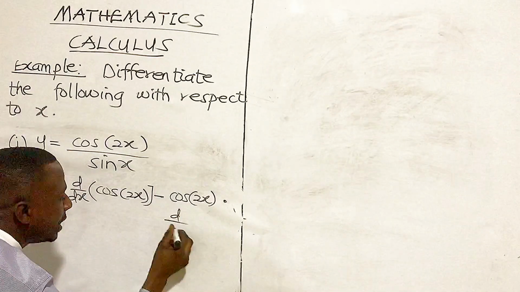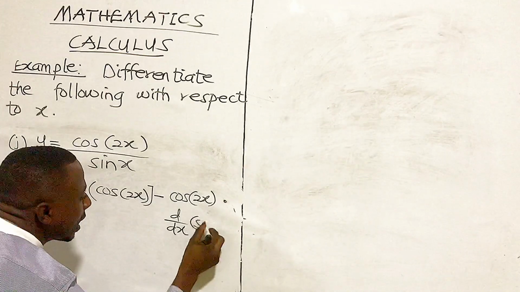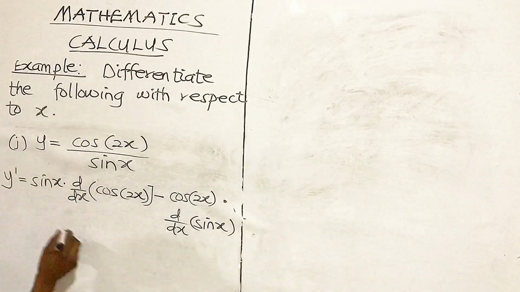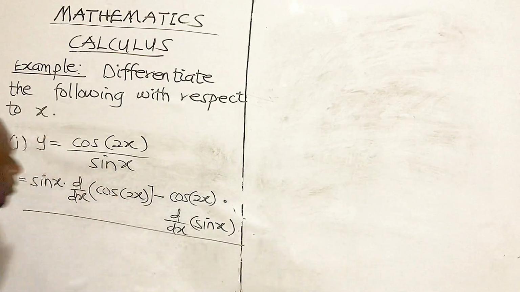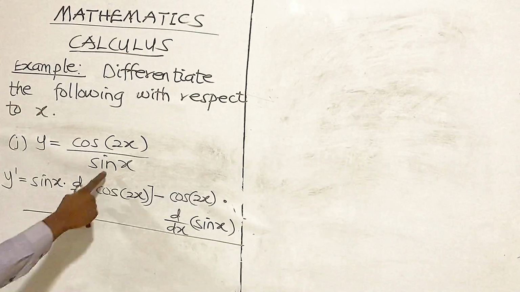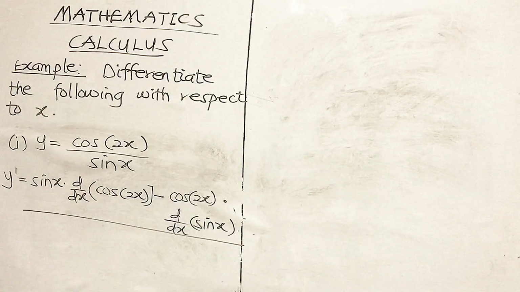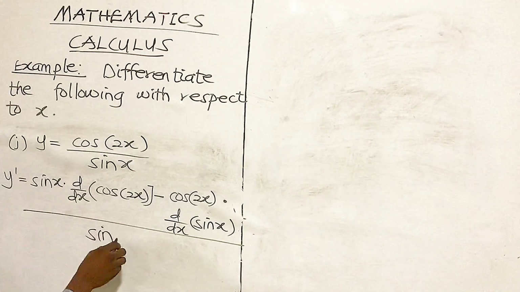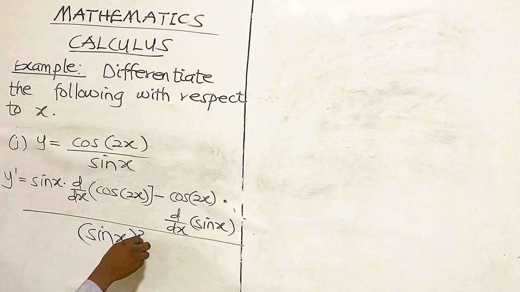So I have d dx of sine x all over, then I will now square the denominator, which is sine x all squared.